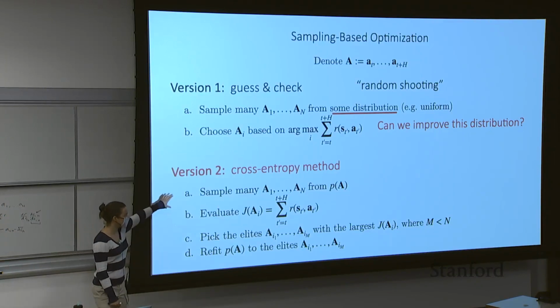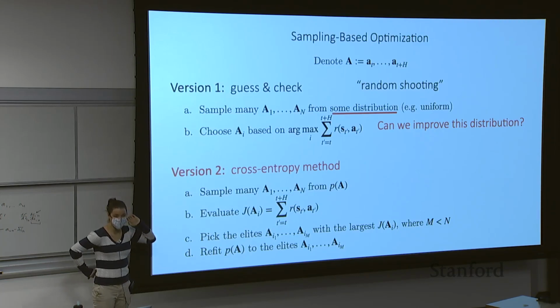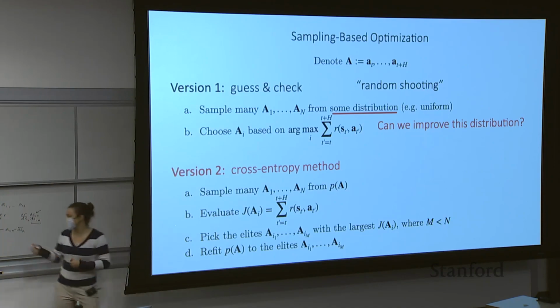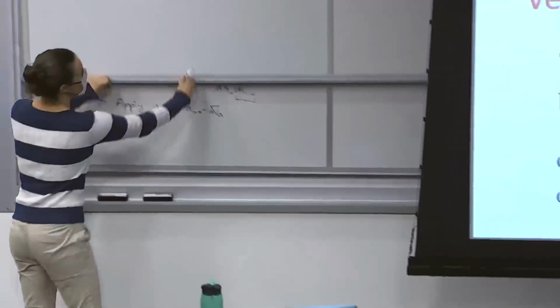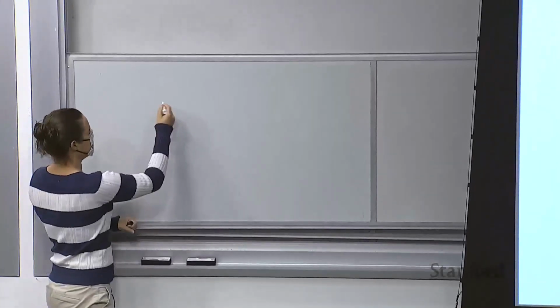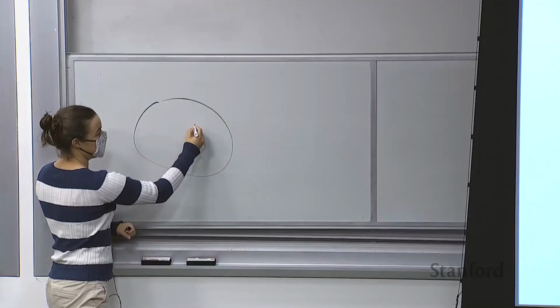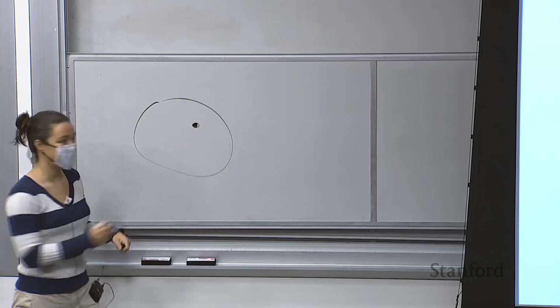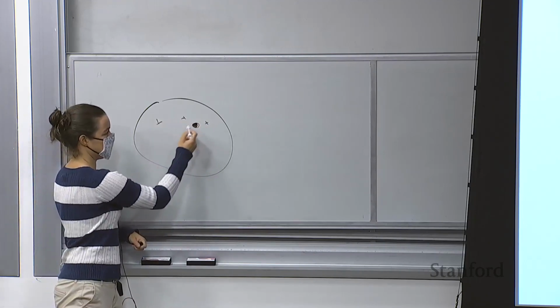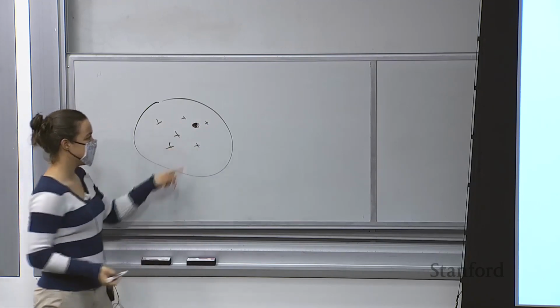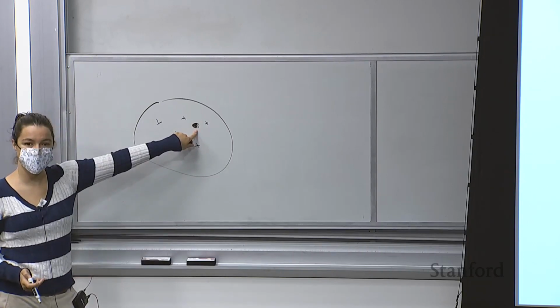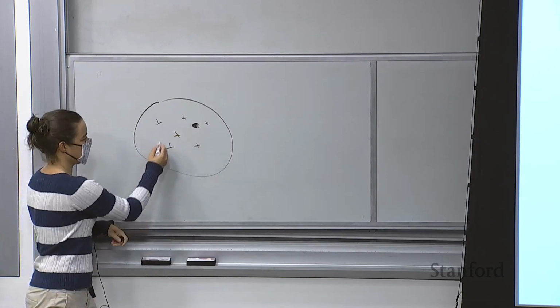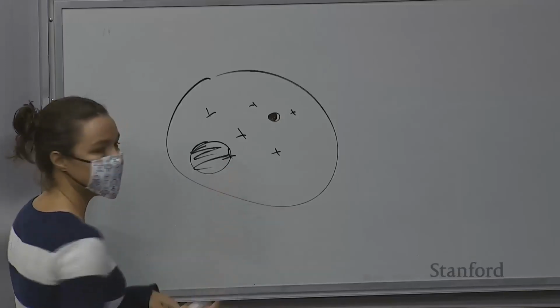If you have good coverage in this initial distribution and your optimization landscape is somewhat smooth, then it shouldn't get stuck. But if, for example, you sample from this distribution and right here is really good, but everything around that is not very good, and you draw some samples that don't include that region right there, then you are going to miss this because maybe there's a spot over here that's a little bit better.